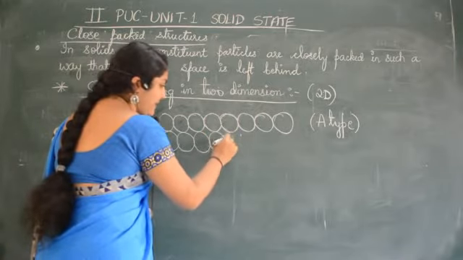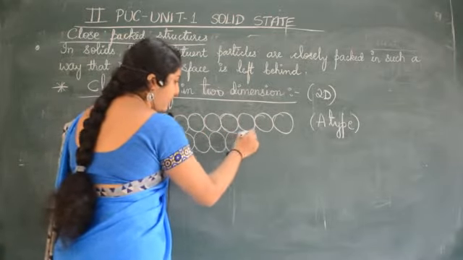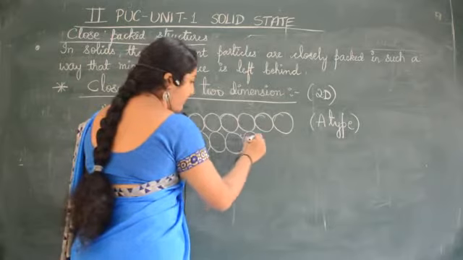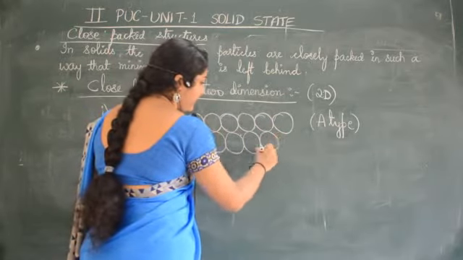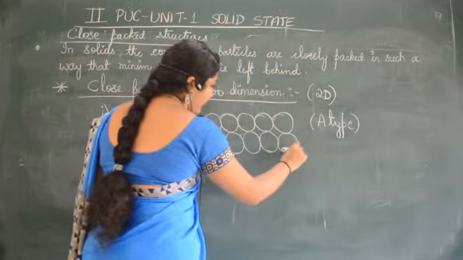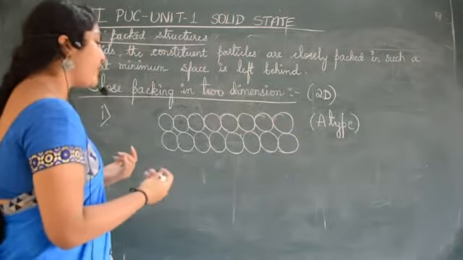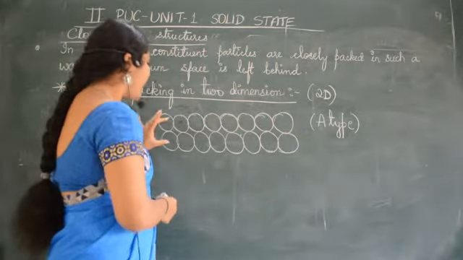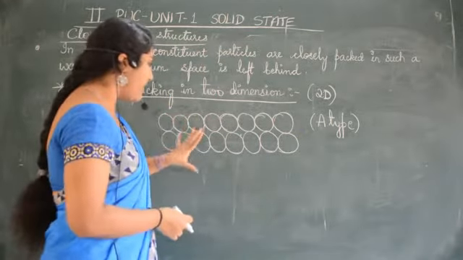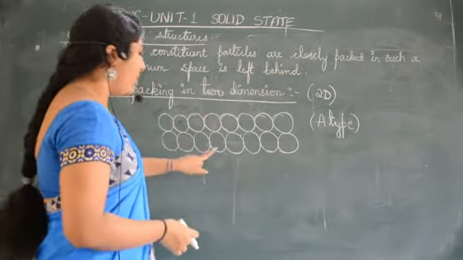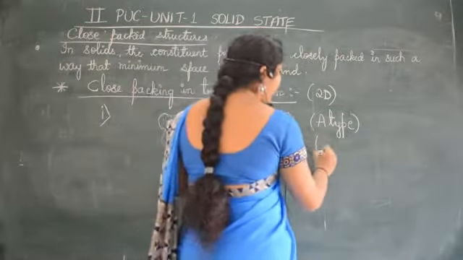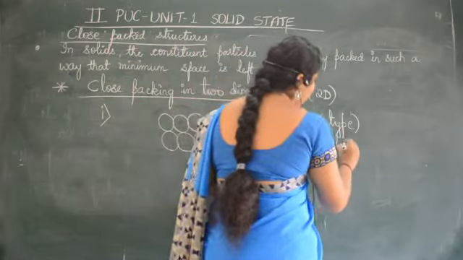Let us place it touching the above layer this way. Now see, what difference do you find in these two? Same way the atoms are arranged. Yes. So this type is also similar to A type. So let us say A type itself.